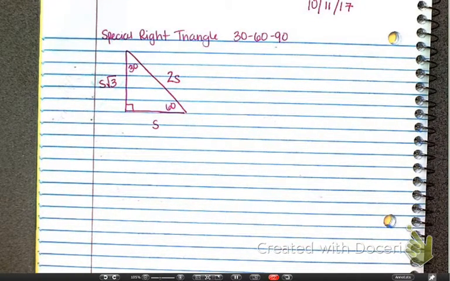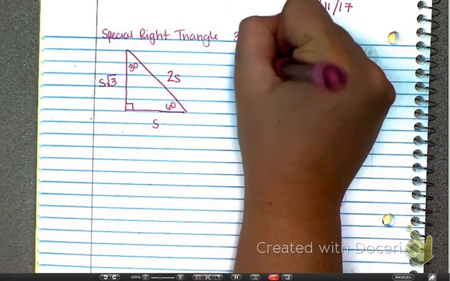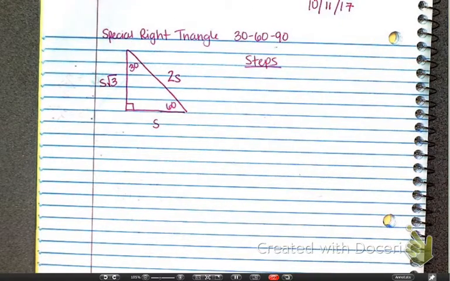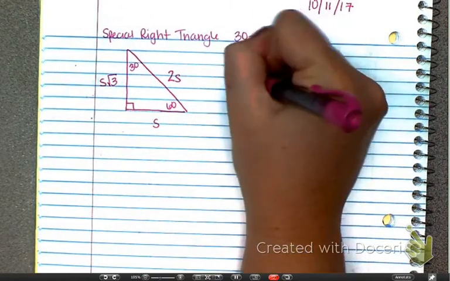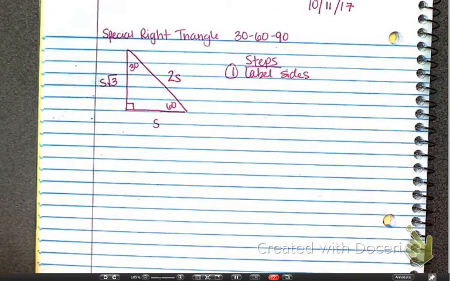So this is like what we did with the 45, 45, 90s. I'm giving you what we're labeling those sides. Now, it is exactly like the 45, 45, 90s. You are following the same steps. You don't need to rewrite these if you don't want to, but what is step 1? Label your sides. Same thing, except we have new labels.